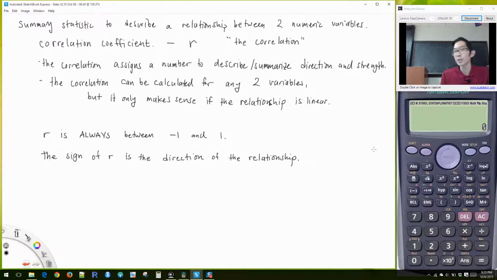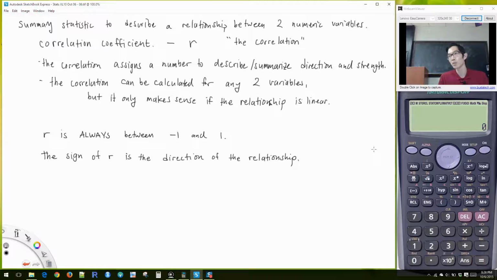Just a quick check. Don't shout it out, but I want to make sure you guys can think of this. What does it mean for X and Y to have a positive relationship? Think of this answer. Okay?